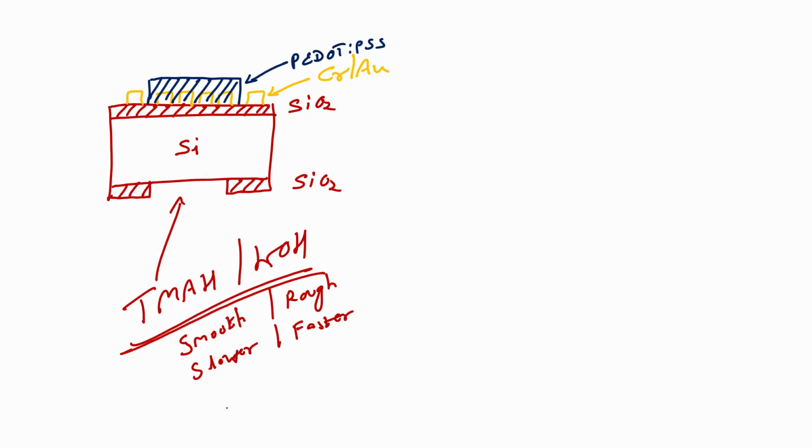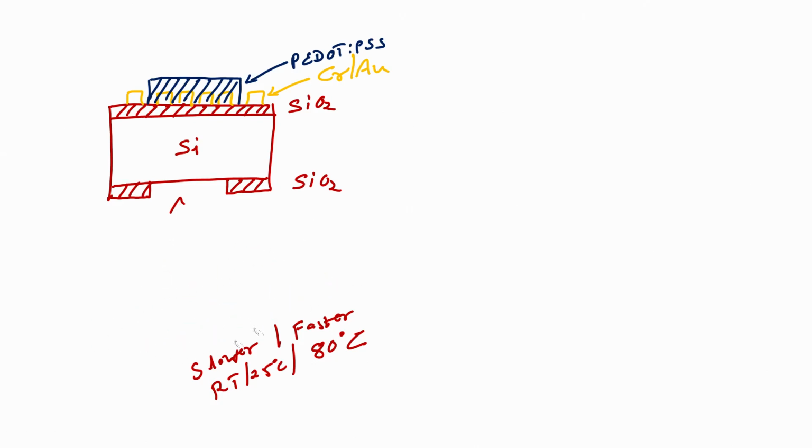Then TMAH can be done at room temperature or 25 degree centigrade. KOH is carried out at 80 degree centigrade. Alright. So, these are advantage, disadvantage. TMAH is also neurotoxic, as per the research literature survey. Okay. But both things are used, TMAH and KOH, for wet etching.